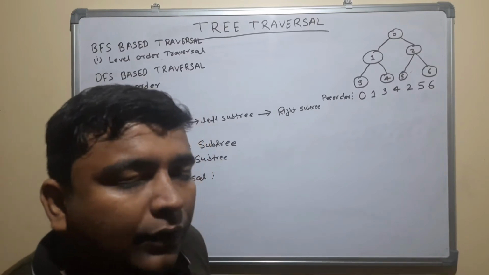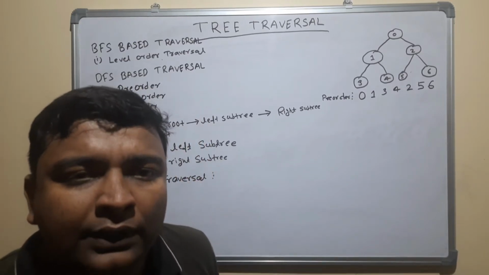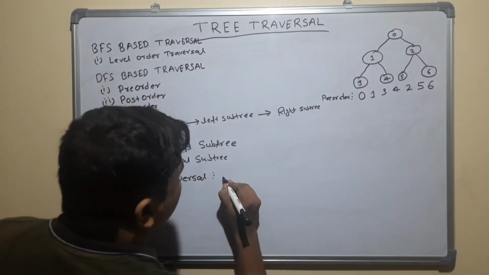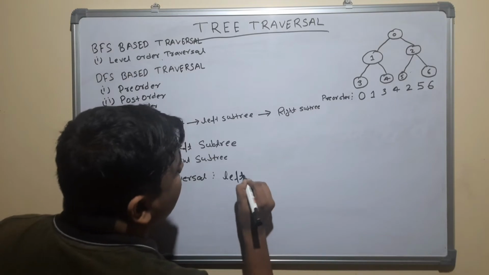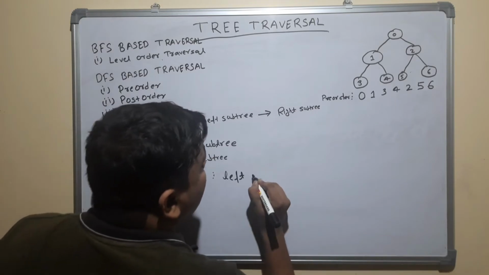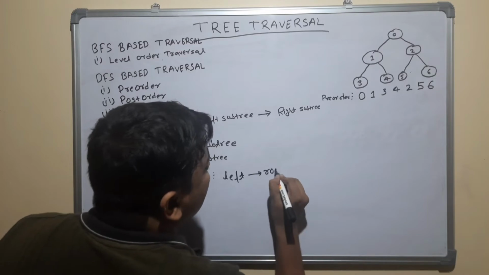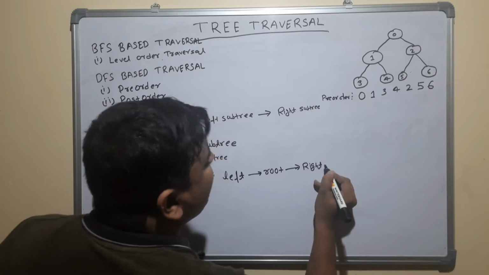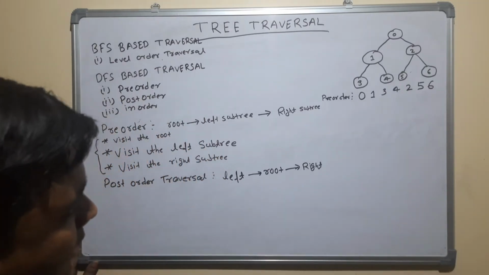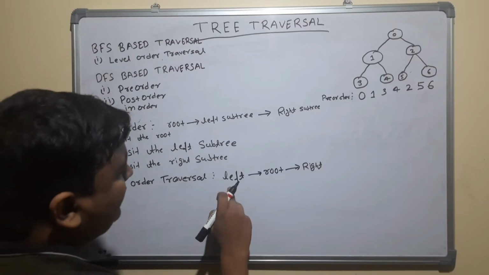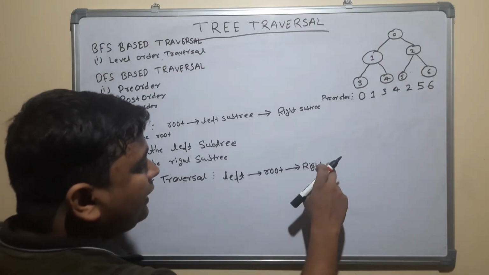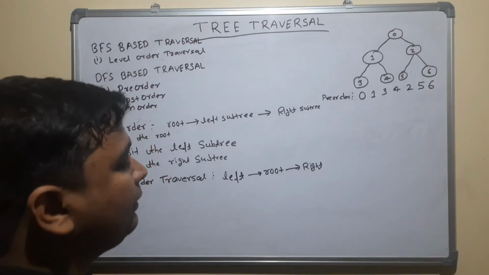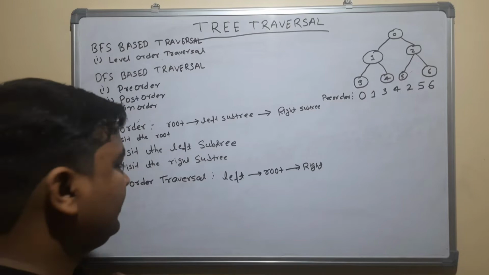So first the left is processed, then the right, then the root. Left, right, root. I am not writing subtree here, you can understand: wherever I write left, it means the left subtree.